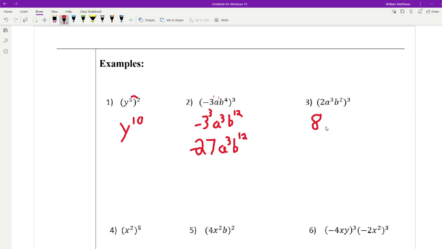A to the power of 3 times 3, which is 9. And then our base b to the power of 2 times 3, which is 6.